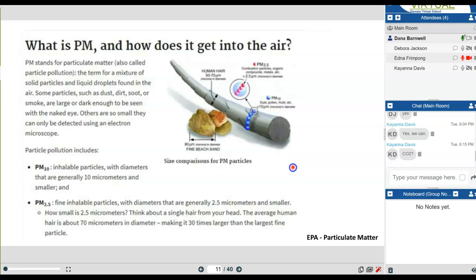So much like our soil, we were talking about the soil lab a little bit earlier, and we talk about the size of the particles of the soil. So too then do we talk about the particle size of particulate air pollutants, okay? And so there's two different categories that we break these into. We've got PM10, so again, this is particulate matter with the subscripted 10 and particulate matter with the subscripted 2.5.